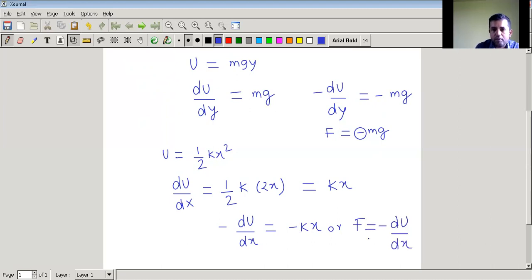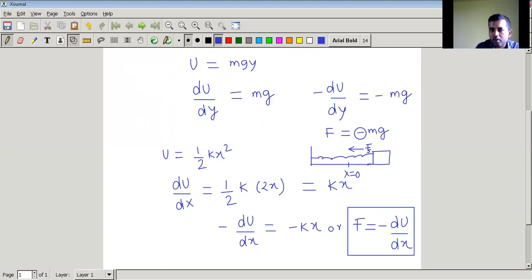Again, I would like to emphasize the negative sign: this only means that the spring force points towards a decrease of potential energy. That means if I have a spring-block system and you stretch it to this length from this point, let us say x equal to 0, you know that the spring force will point in this direction, right?